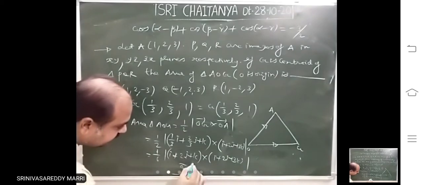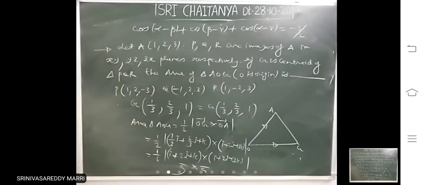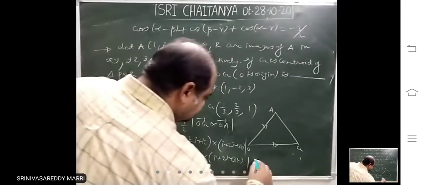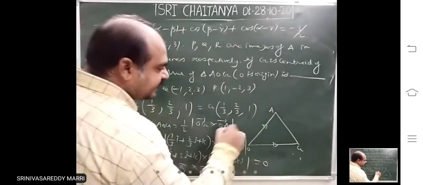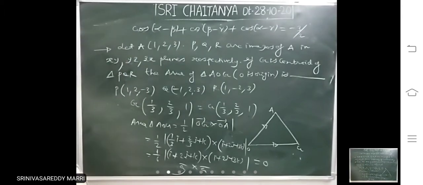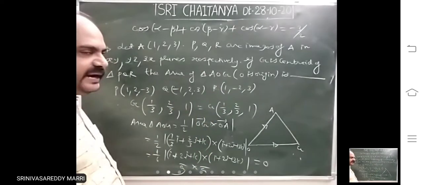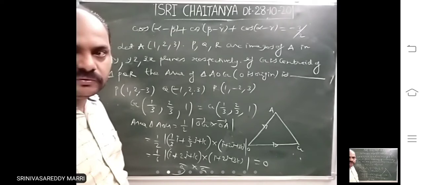The same vector is there. Same vector means cross product, what will you get? 0. So the area of the triangle is 0. A bar cross A bar gives 0. That means O, A, G lie on the same line, they are collinear. That's why the area of the triangle is 0. When three points lie on one line, the area is 0.